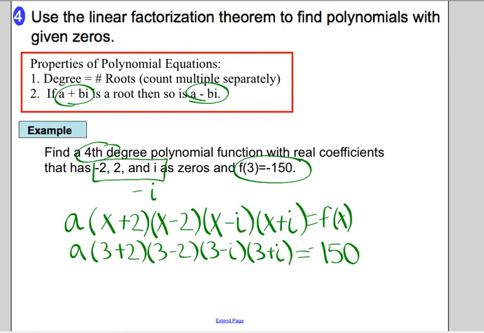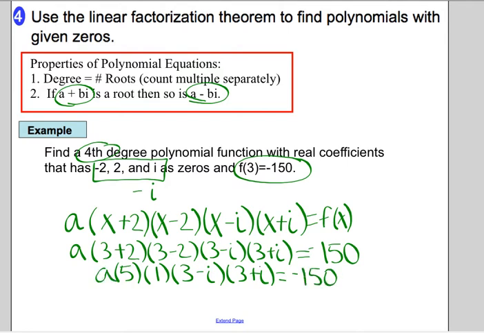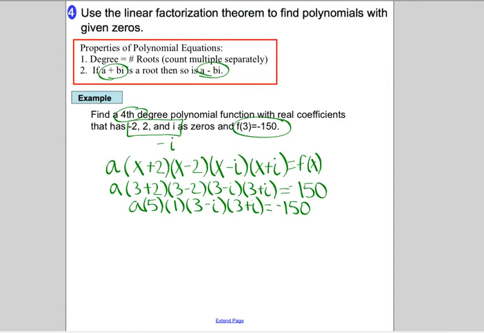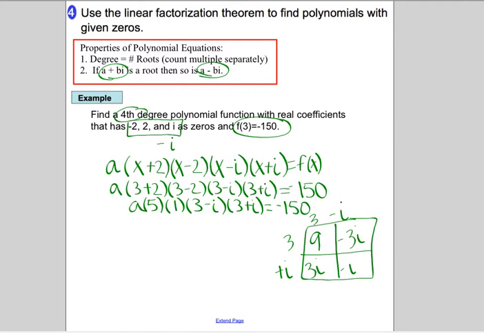So let's see. 3 plus 2 is 5. And here we're going to get 1. I'm going to have to multiply 3 minus i and 3 plus i, because I don't really know what to do right now with these i's. So go ahead, on the side of your paper, use a rectangle. 3 plus i, 3 minus i, we get 9, negative 3i, positive 3i, and negative i squared.